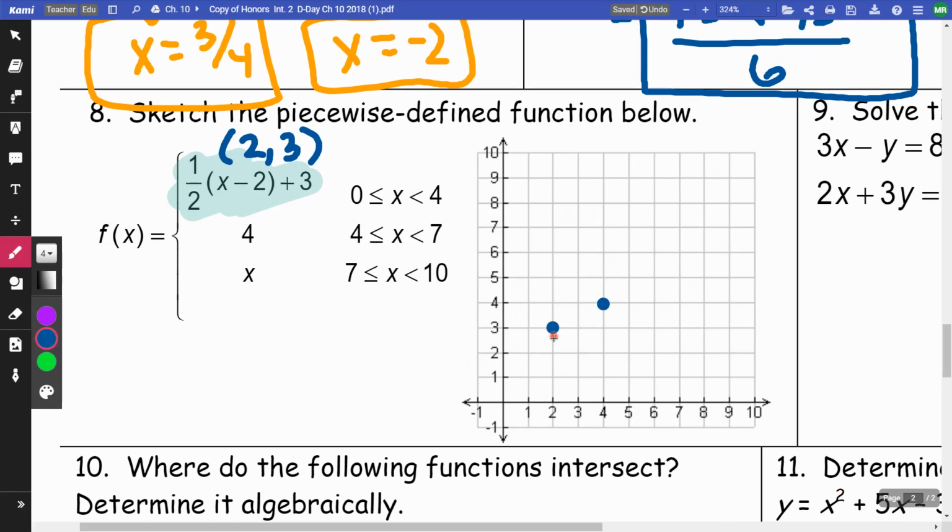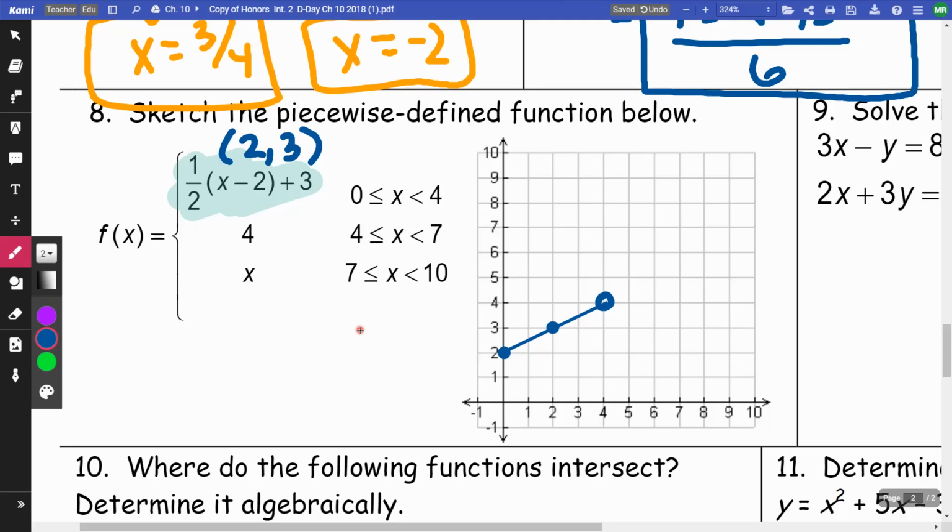And I would keep going, but I don't keep going forever and ever because it's only from 0 to 4, not including 4. So I'm going to leave this point here while I draw my line. So my line is going to be starting here, going here. Now, once I get here, this is going to be an open circle, because 4 is not included with this.